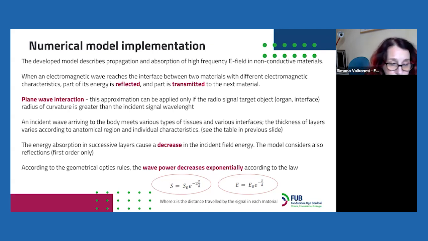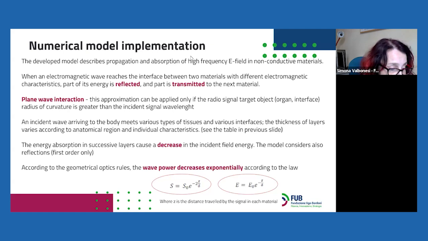The energy absorption in different layers causes a decrease in the incident field energy. The model takes into account transmission and reflection, of course, first order of reflection.